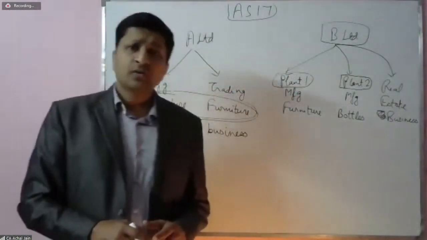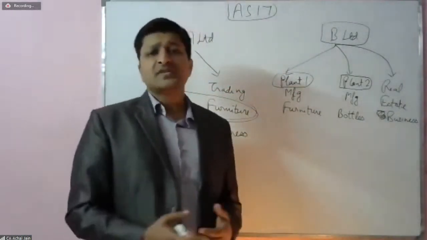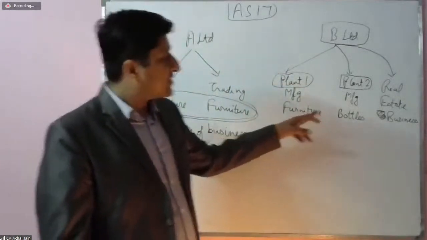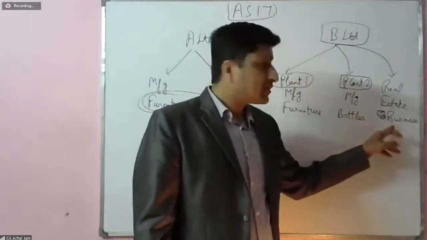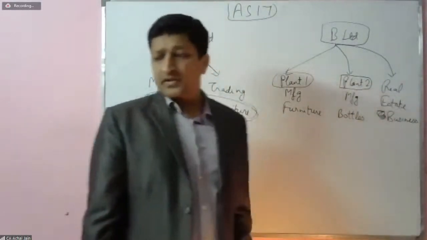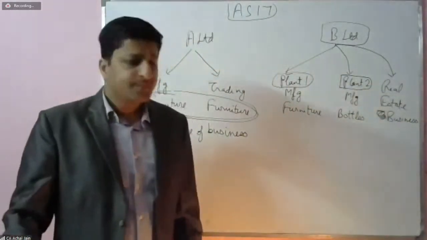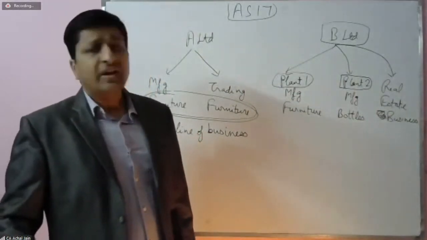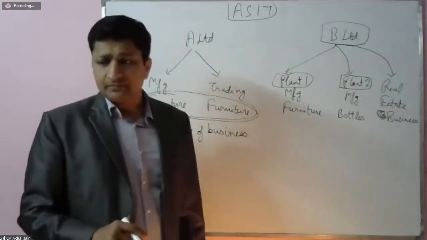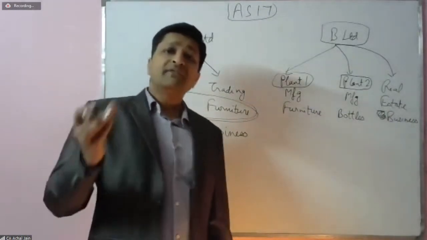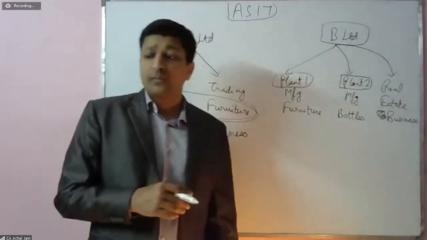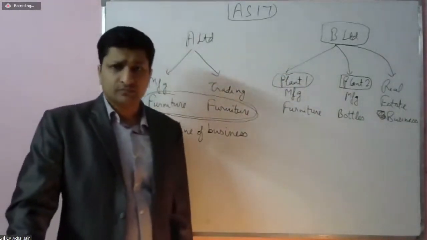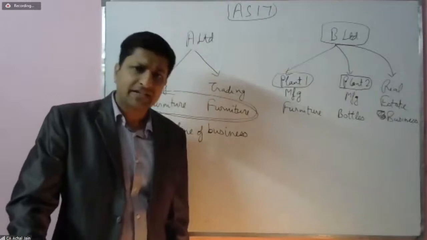B is into three lines of business. It's dealing with furniture, it's dealing with bottles, it's also into real estate. So whenever B will have to look at its performance, what should B do as compared to A? Let's understand.